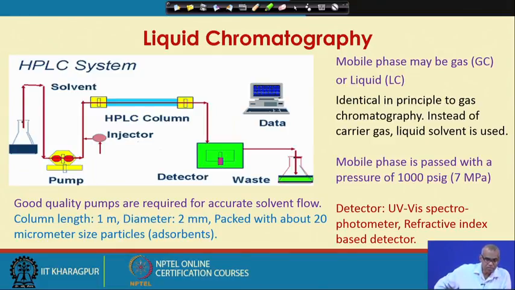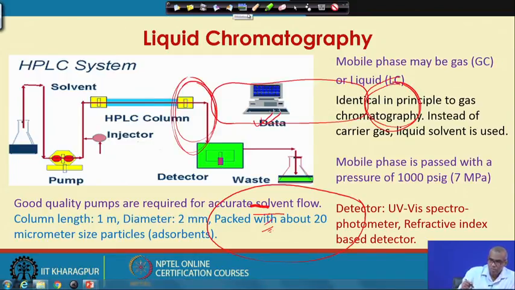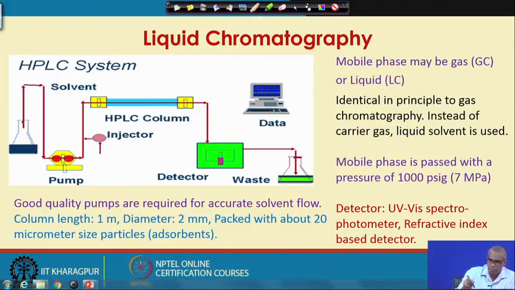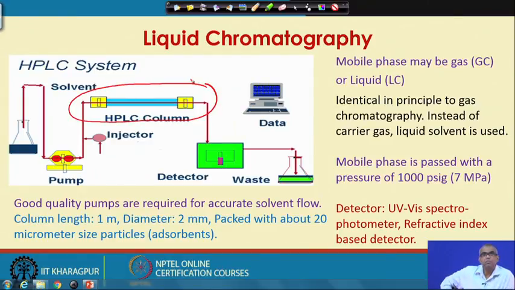So, if you look at liquid chromatography, or high pressure liquid chromatography, HPLC as it is known, you have the column as we have seen in case of gas chromatography.